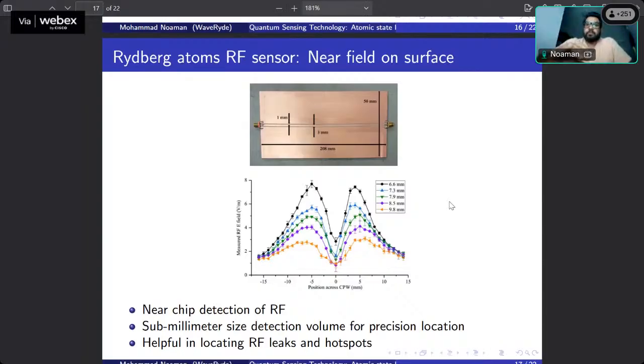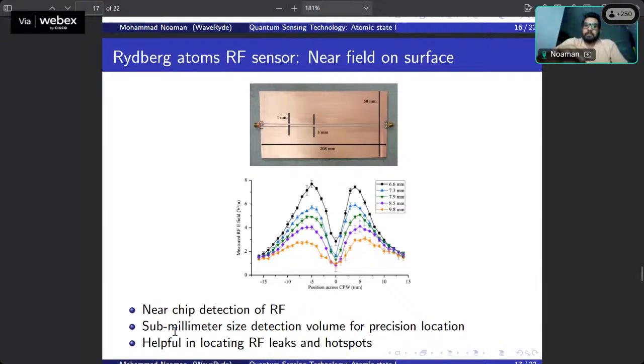One other feature of the Rydberg-based sensors is that because you're detecting optically with a laser, your detection volume can be as small as a few millimeters or even less. That's remarkable, because in radio frequency, if you're detecting, let's say, a few gigahertz band, your wavelength is very large, several centimeters.